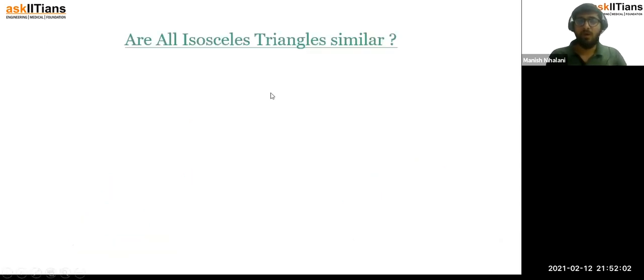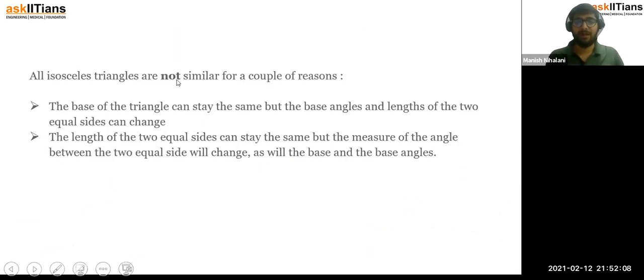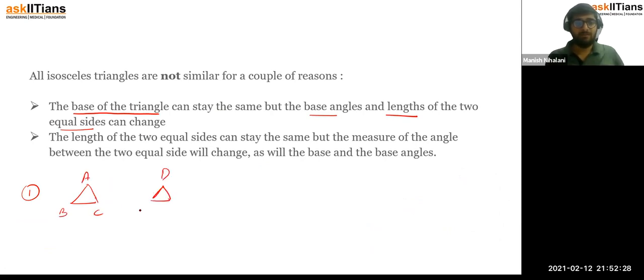And as we saw, are all isosceles triangles similar? So we said no, all isosceles triangles are not similar for a couple of reasons. That is, the base of the triangle can stay same, but the base angles and lengths of two equal sides can change. So for the first reason, as we saw earlier, triangle ABC and triangle DEF, although both could be isosceles, BC could be equal to EF, but do you really think that the other two sides will also be equal, or will they always be same? So we said no. And what was the second reason?